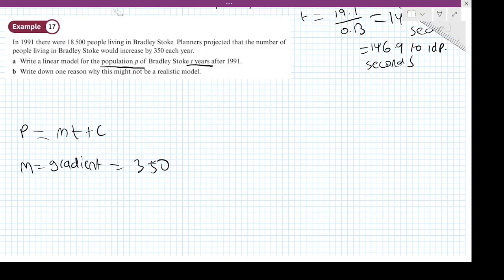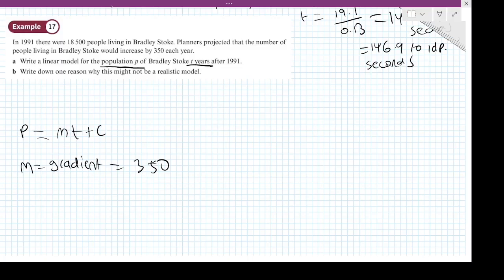So yes, in an instance like this, you could be expected to extract the information yourself to then be able to write down the model. So we extracted the gradient as 350 because that tells us what it increases by. Then the y-intercept, or the c value. In this case it's not y, it'd be the p-intercept. Well, again, they're not giving us a graph or anything, so let's have a look again.